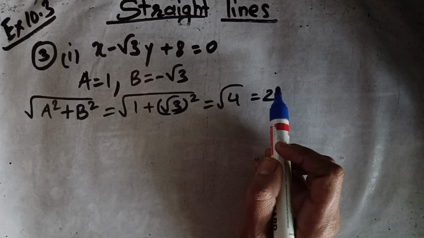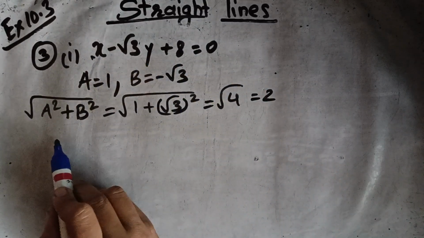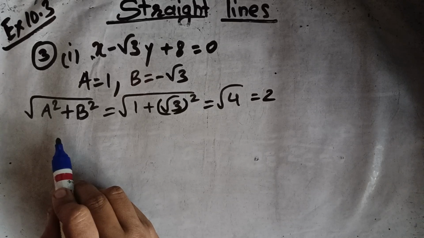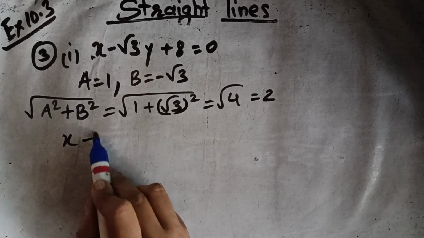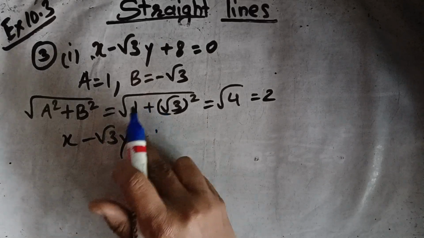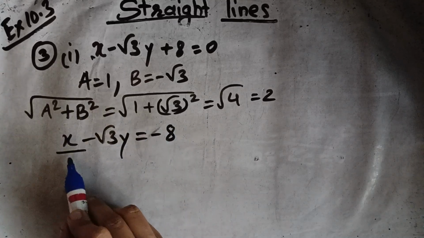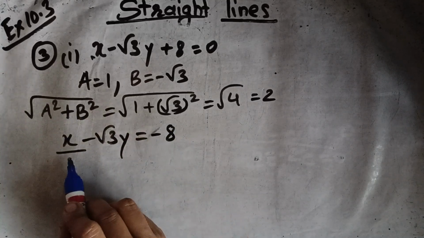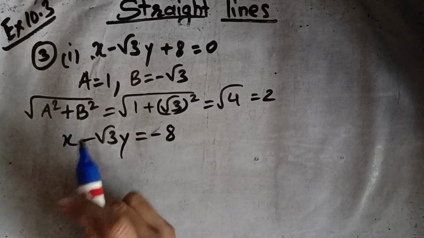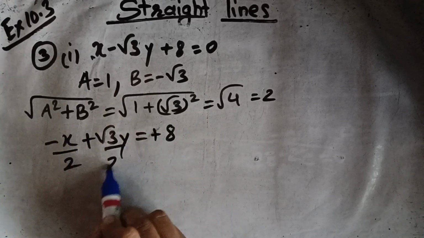Okay, so if I divide the whole equation by 2, x minus root 3 y plus 8, 8 I will take to the other side. So I want this as positive, so I will first change the sign, divide by 2.